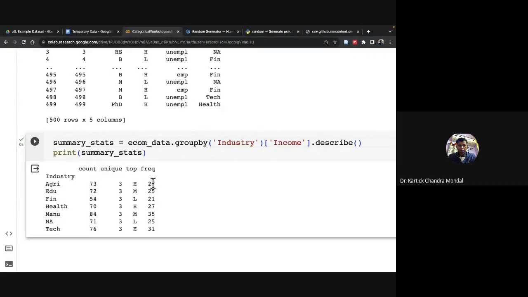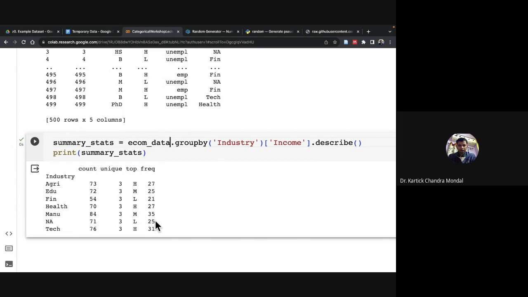Out of 84, 35 have medium income. Others are like 31 having high income in technology. In the not available group, mainly 25 rows have low income values.